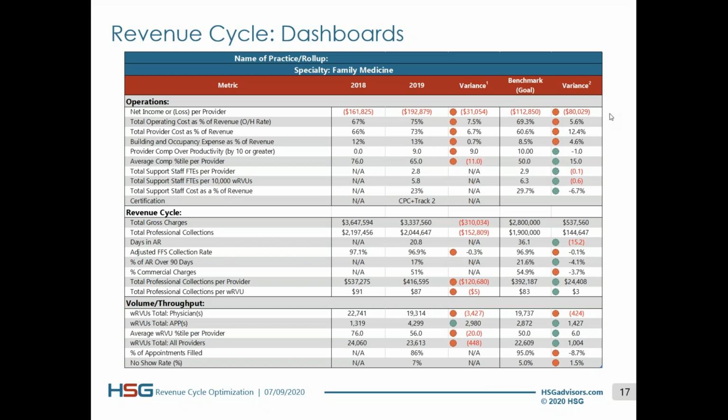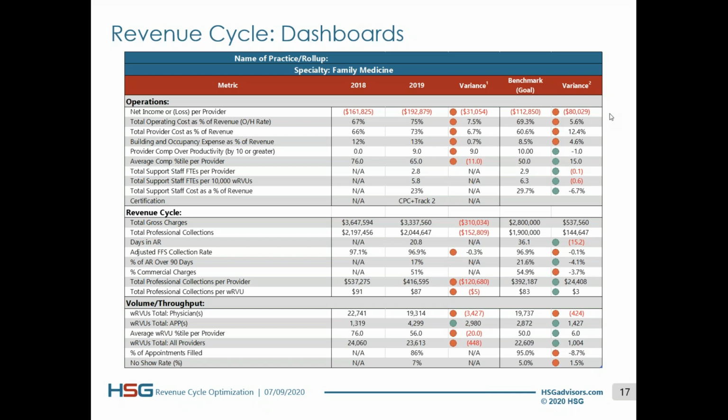I know with a lot of systems, Athena comes to mind, across the Athena system you can get metrics that you can compare to, as well as your standard surveys, MGMA, Sullivan Cotter, AMGA, and so on. So you could condense this down and just show the revenue cycle and volume.